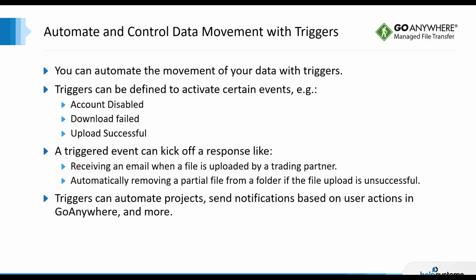All of that triggered by the fact that the trigger executed upon the successful upload of that data. So in this case, the trigger can automate that project workflow. Just like a scheduled job, except it's not scheduled. It's only triggered based on the event that a customer signed on and uploaded a file successfully.